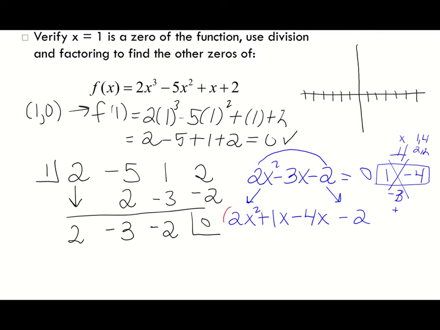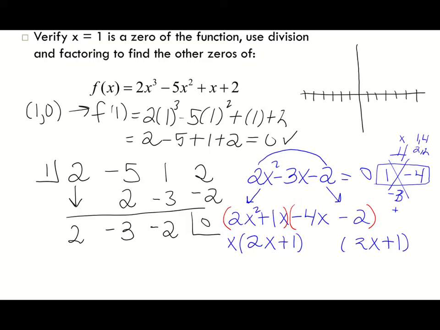I now want to factor by grouping. So 2x squared and 1x have an x in common. I'm left with 2x plus 1, which means I know I should have a 2x plus 1 here as well when I factor out their common term.